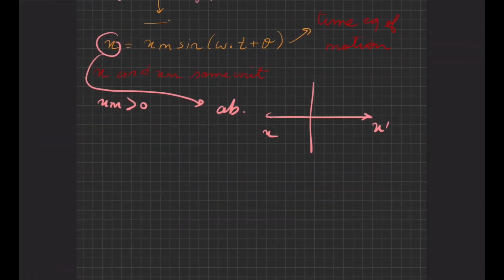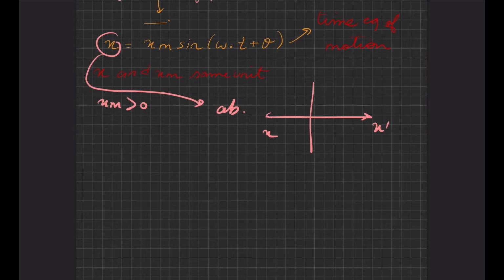Let's go back. This x is the abscissa, xm is the shift, sine is the sine function because the oscillatory motion takes the sine wave shape, and this is the angular frequency, the time, and the phase, which is dependent on the initial conditions.